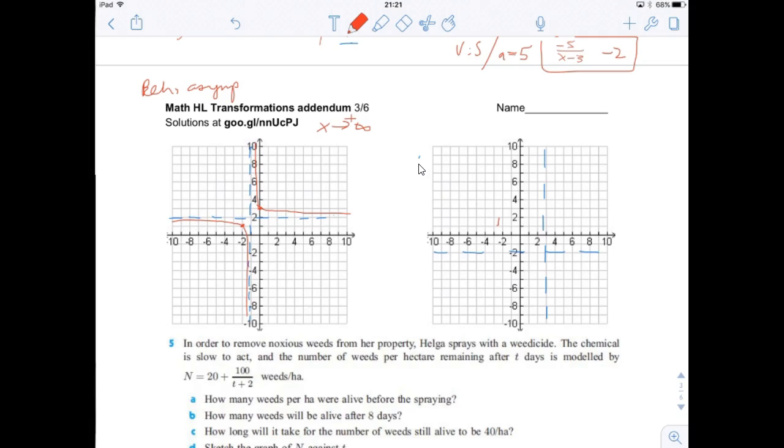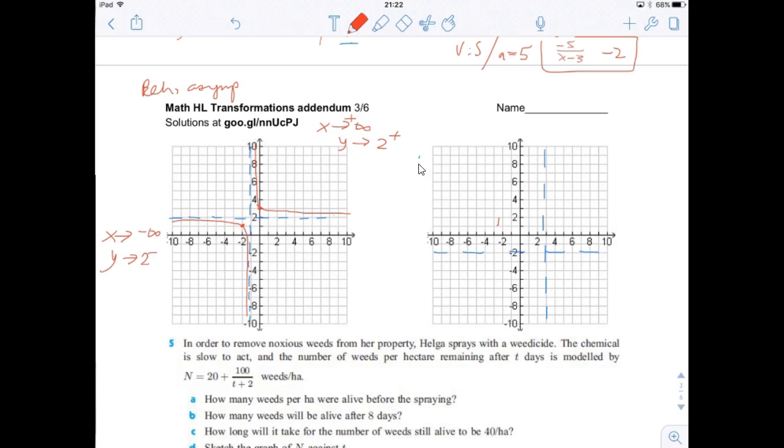Well, the y approaches the value 2 from the top. When x goes to negative infinity, then y approaches 2 from the bottom. So you see it's approaching from the bottom here, it's approaching from the top here. Okay? All right.